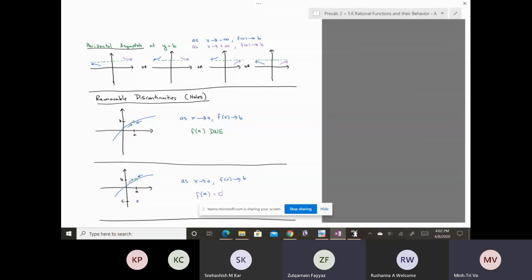The answer is always the same. But does it mean something if it's above or below the asymptote? For the purpose of our course, it doesn't really change anything. You always write the answer the same way.